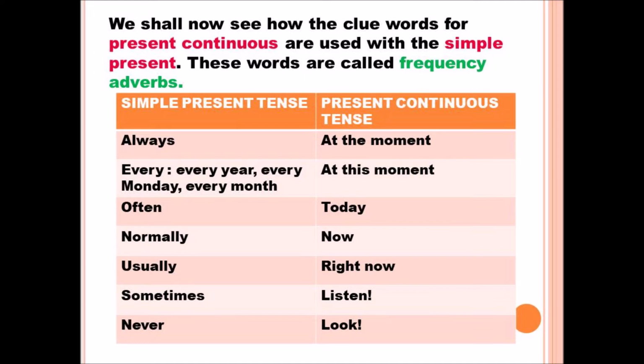Here, look. So these are some of the keywords which denote the tense in the sentences. So when we see these keywords in a sentence, we must use simple present tense, that is present form of verbs. Let us see the usage of these keywords in sentences.